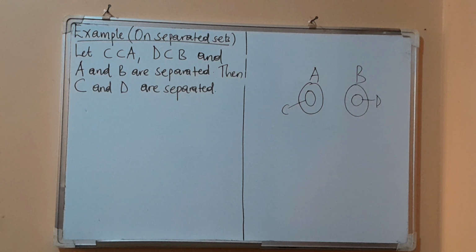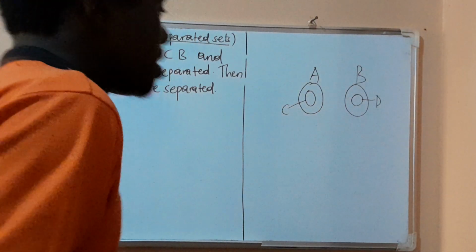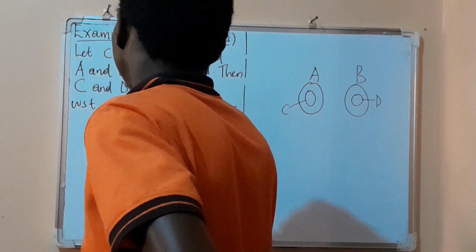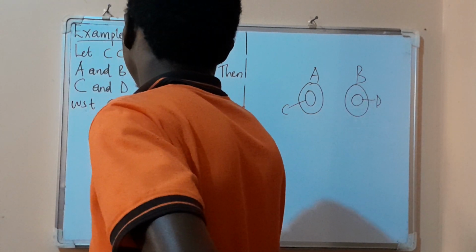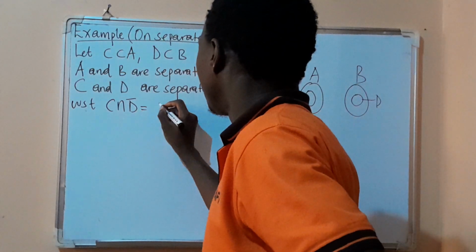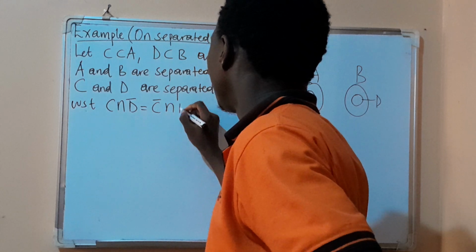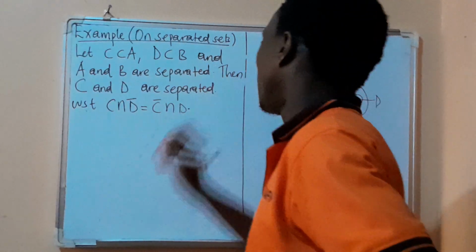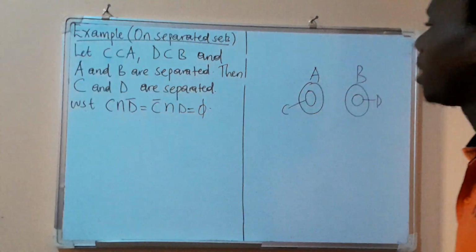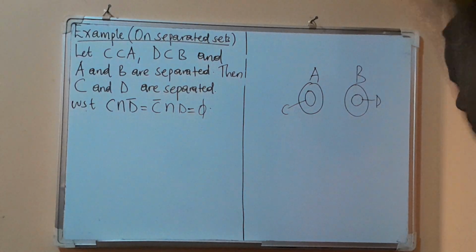So by our definition of separated sets, we show that C intersection D closure is equal to C closure intersection D, and this is equal to an empty set. We prove that. So what are we going to do?